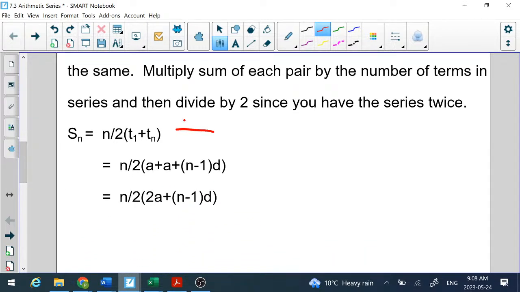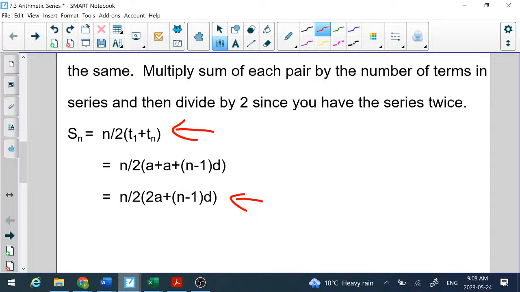So here's the first version. It's t1 plus tn, first term plus last term, multiplied by n, and then divided by 2. Cool? Or, if you want to replace t1 with the letter a, and then tn with the general term, that gives you the second formula that's listed here.